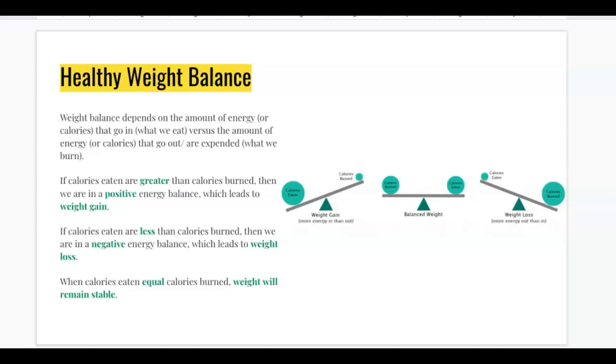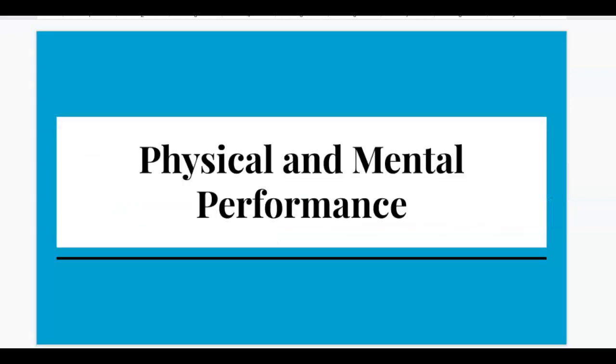But at the end of the day, what really matters is a calorie deficit for somebody who needs to or wants to lose weight. On the other hand, a calorie surplus is what is required for someone to gain weight. So those are the big pieces for weight management.